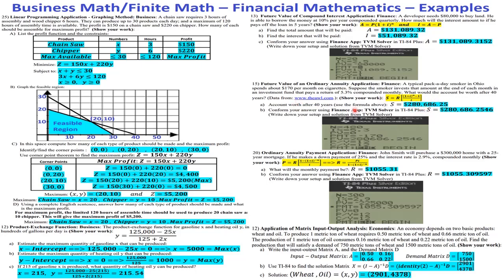If you do that formula, if that smoker quits smoking and puts that money into the account, in 4 years that smoker will have $280,686. That is the future value of that annuity, and of course the health benefits on top of that.